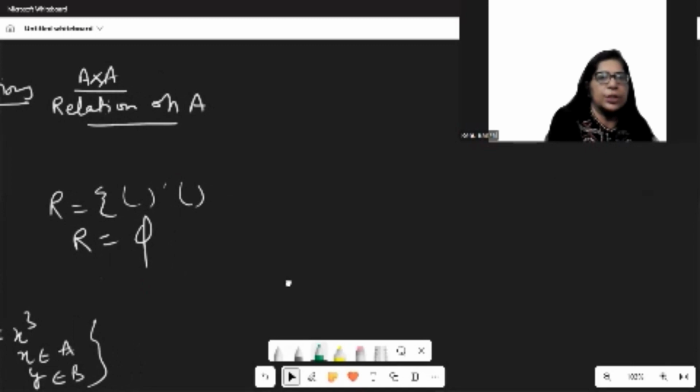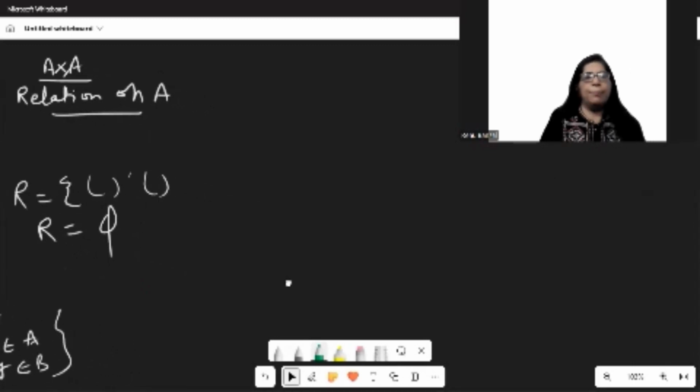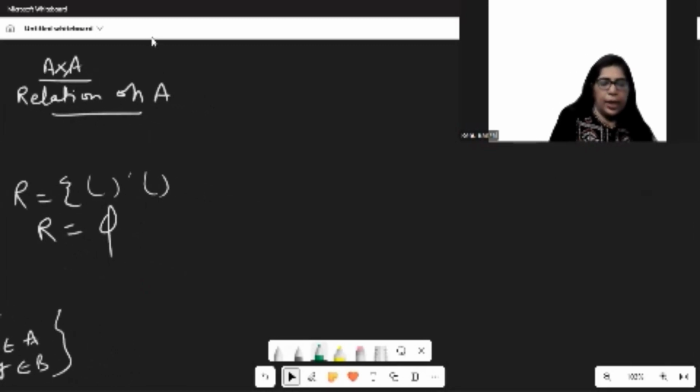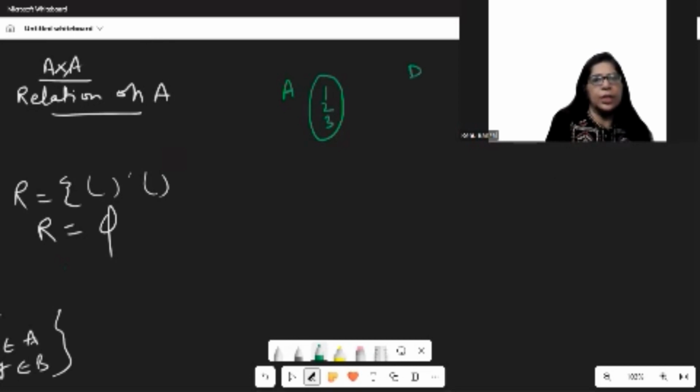universal relation. For example, like I am taking a set A. My set A is 1, 2, 3. And my set B is 4, 5, 6. Fine. अब इसमें क्या है बेटा?